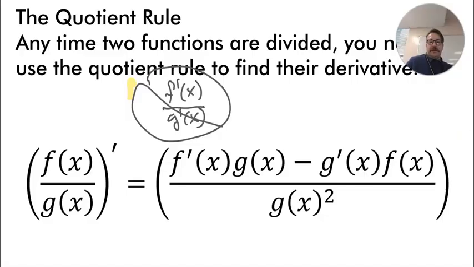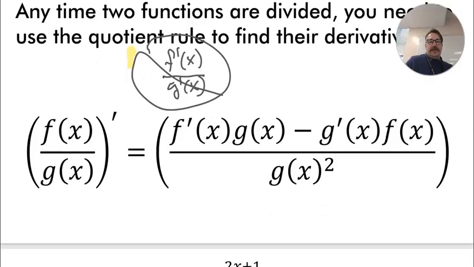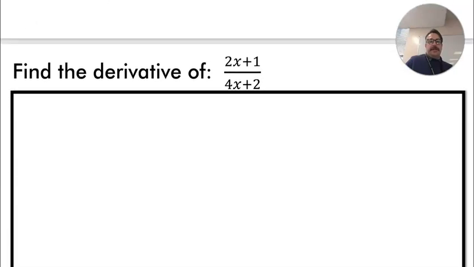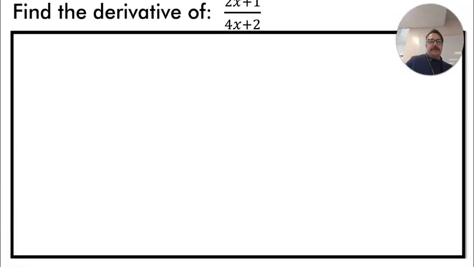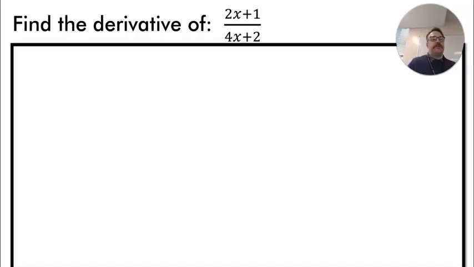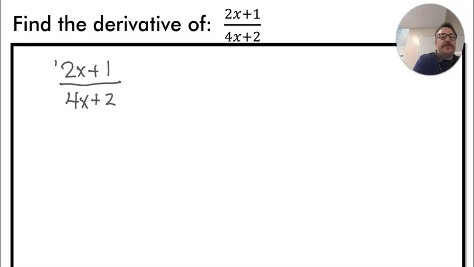There's a ton of calc videos out there though. We're going to spend a lot more time on this tomorrow, but I think we can knock out this example without too much strain. So 2x plus 1 divided by 4x plus 2.